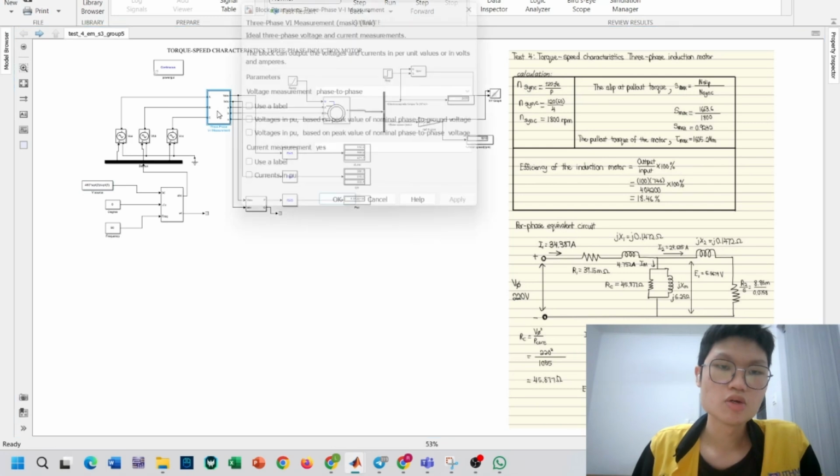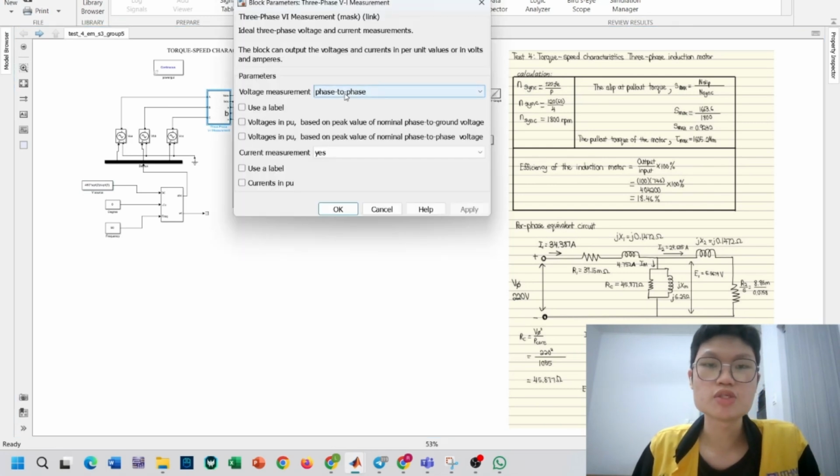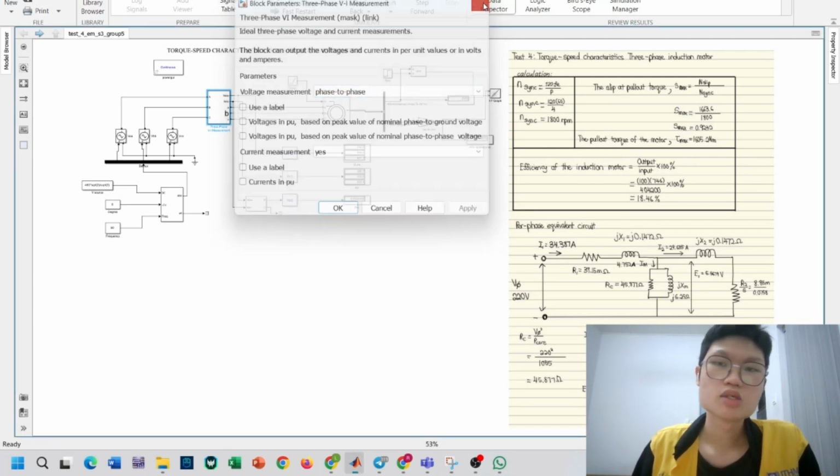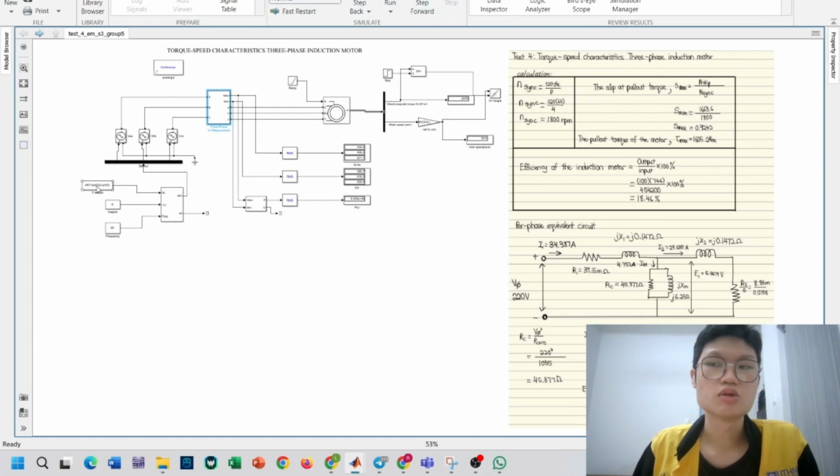Since our VI measurement we select phase to phase, if we want to find V phase, we have to select phase to ground. For the V source we only need to multiply by square root 2, so that we can find the V phase and I phase. And then the frequency is all the values we need to study, so we can run it.